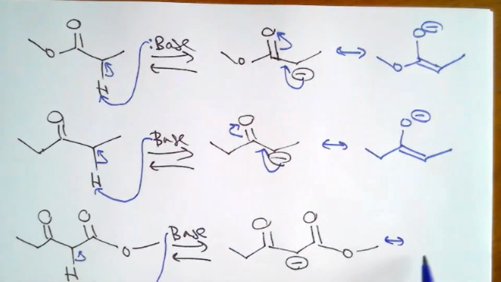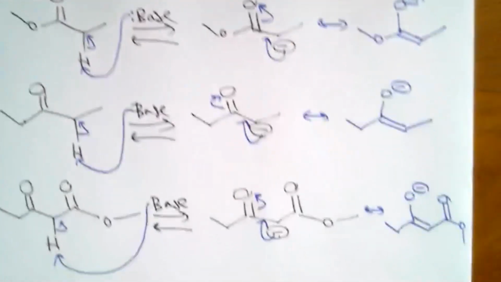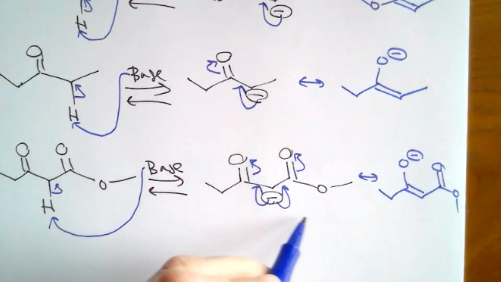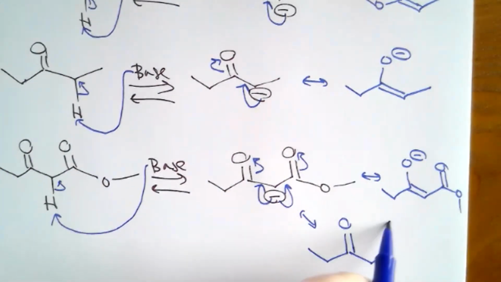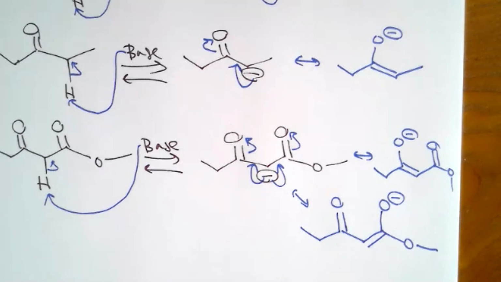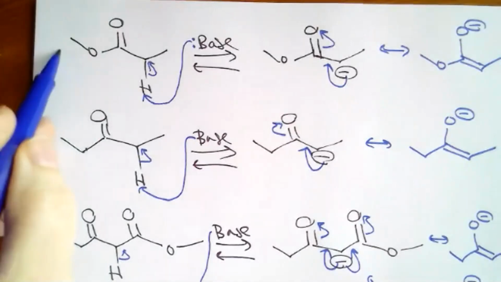Same. Uh-oh, what's different down here? There are two places that negative could be distributed. So if we do a way back throwback, which of these three acids are strongest?